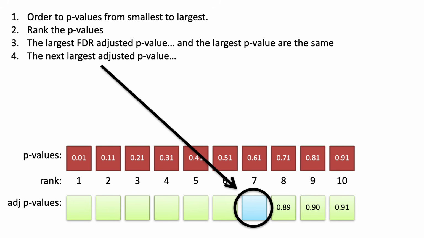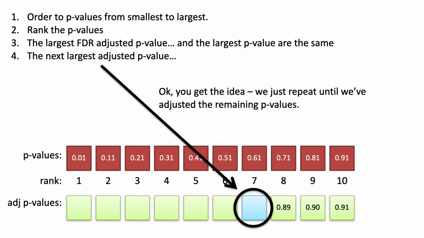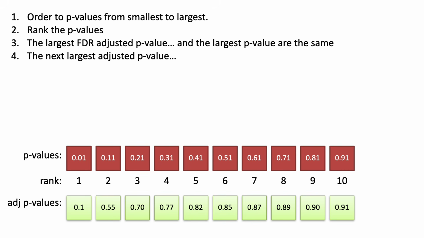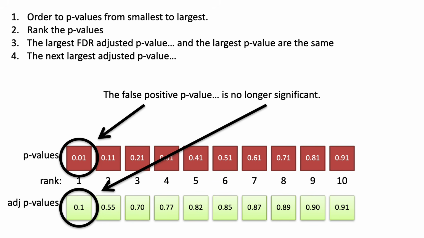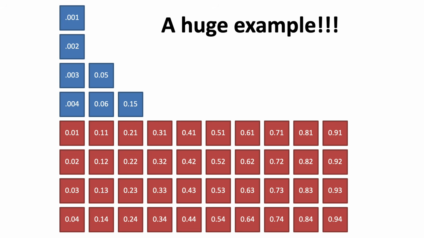And for the next largest adjusted p-value, okay, you get the idea. We just repeat until we've adjusted the remaining p-values. And here I've plugged in the remaining adjusted p-values. That false positive p-value is no longer significant. Hooray!